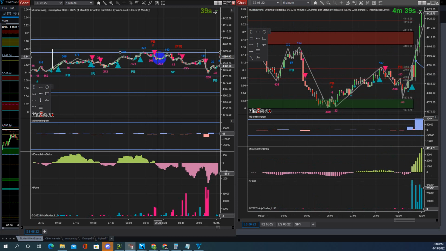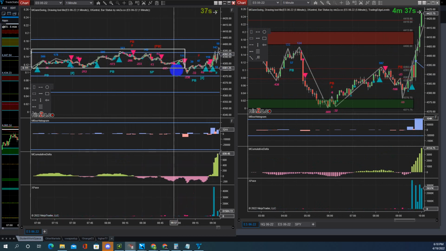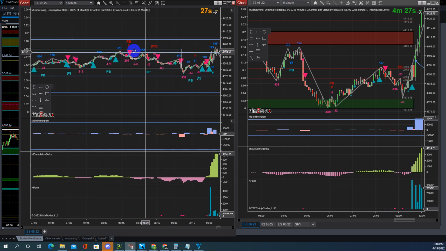At this point you have to assume whoever sold here is trapped now. It's a failed breakdown of this box, and a failed breakdown of this X control, by these two buyers X control dots with this X phase.